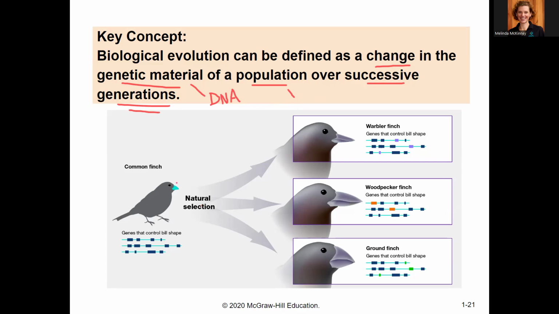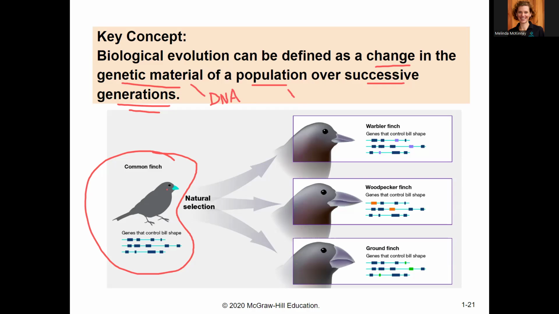So the example here, here's our common finch. You may have heard of the Galapagos Island finches. They were studied by Darwin when he postulated evolution. And they found that they had beaks on this island that were very different based on what those birds were eating.